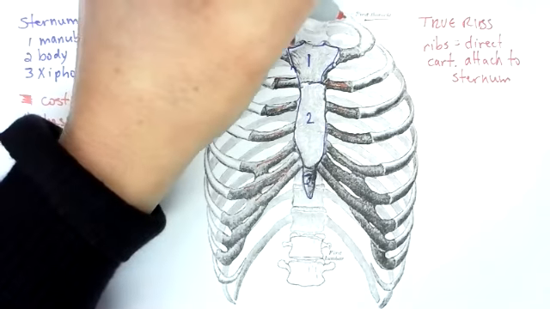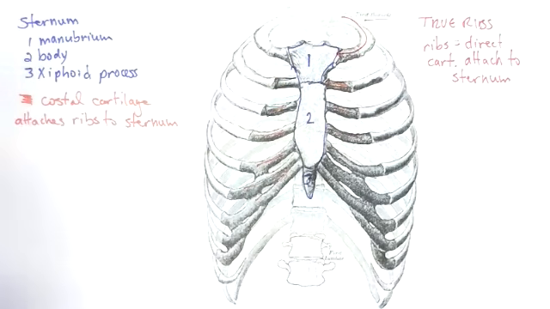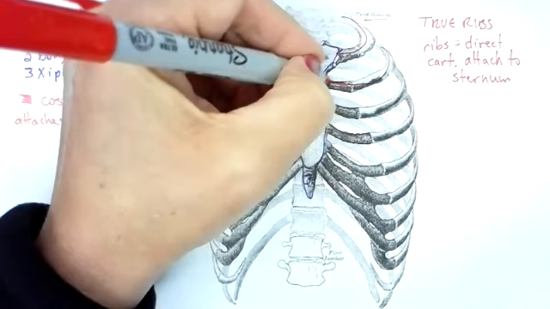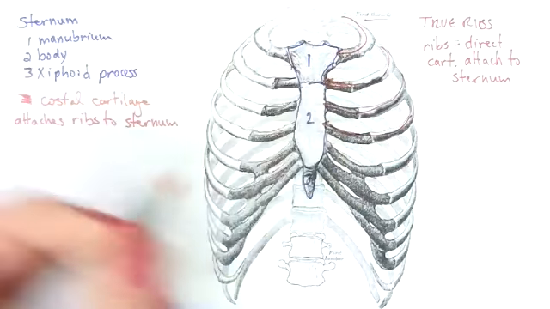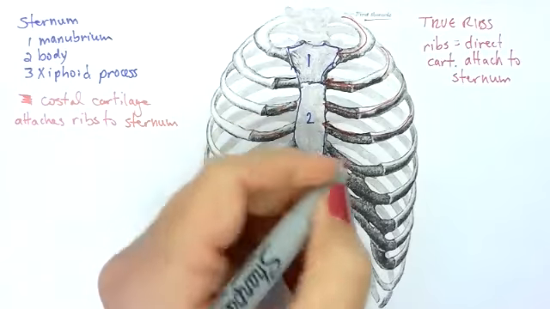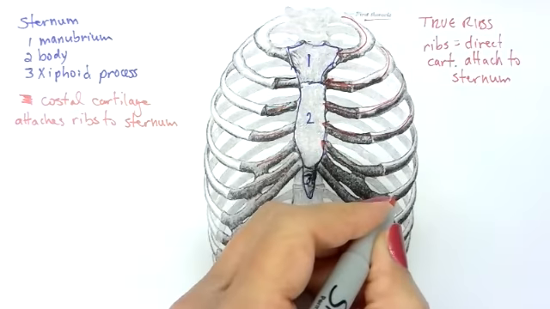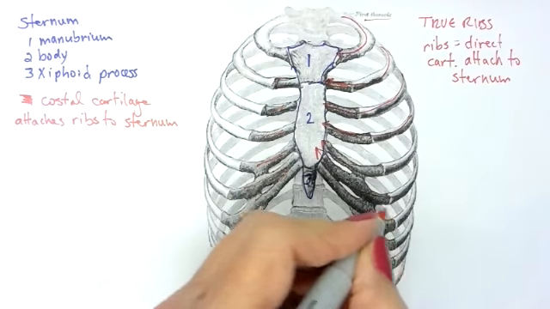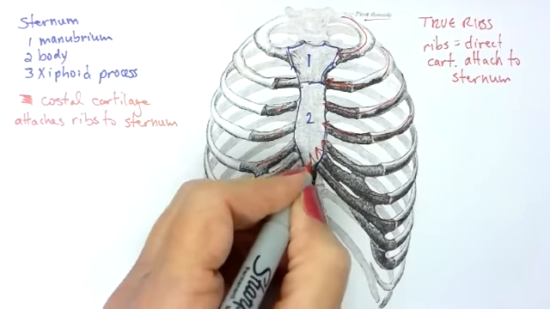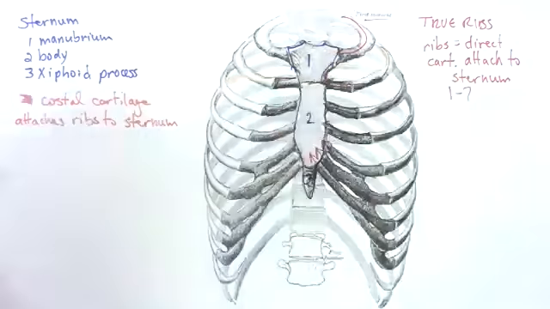So if you look at the first rib and it comes around, it attaches to the sternum here. Rib 1, rib 2, 3, 4, 5, 6, and 7. So we usually say ribs 1 through 7 are true ribs.